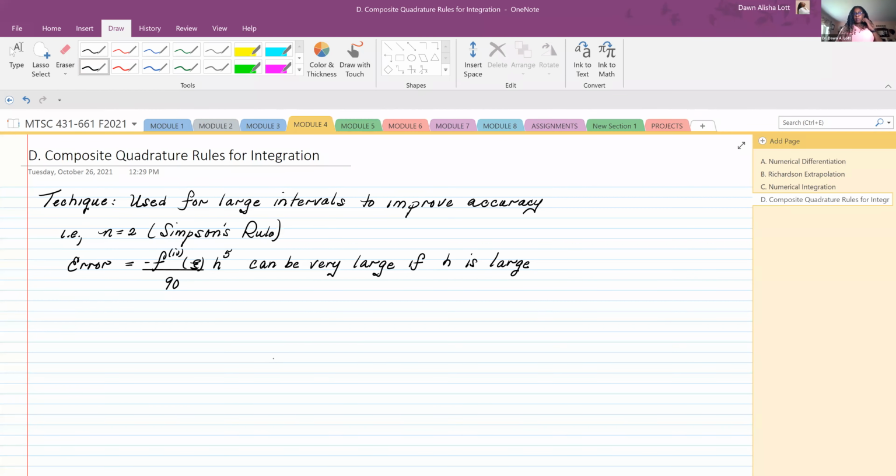So it may just take over and you have mostly error. So the remedy to having a large error is to subdivide the interval into a partition of smaller intervals.